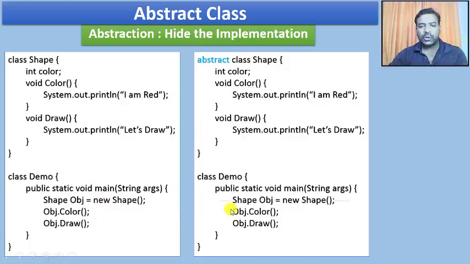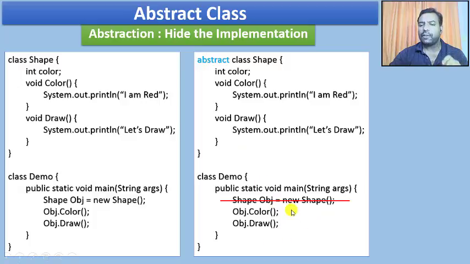Hence, if it is a class, you can create the instance or object of this class. But if it is an abstract class, you are not supposed to create any instance or any object for this class. This is the first major difference between a class and an abstract class.